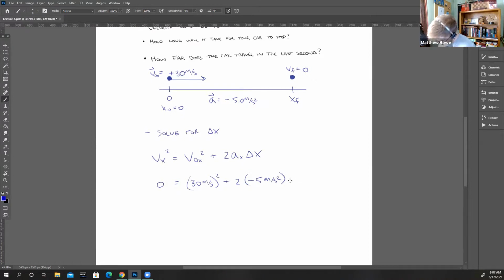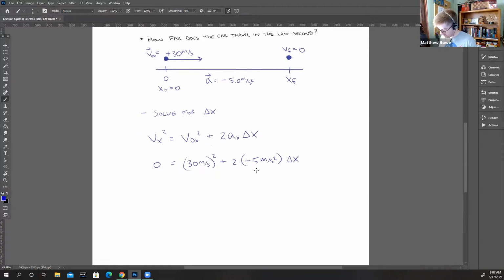And we have delta x, the change in position. Since delta x is what we're looking for, we could rearrange this equation so delta x is on one side by itself. So we can solve for delta x.